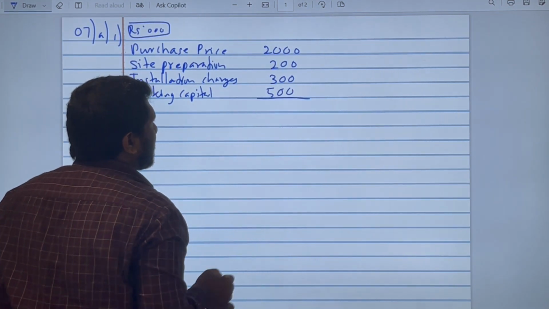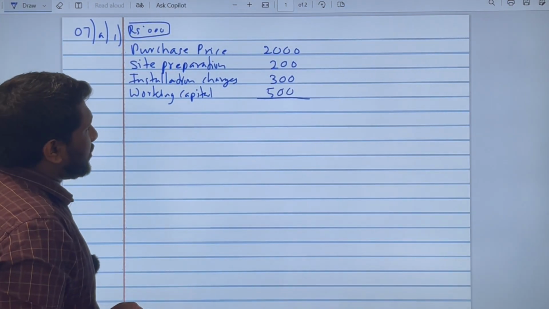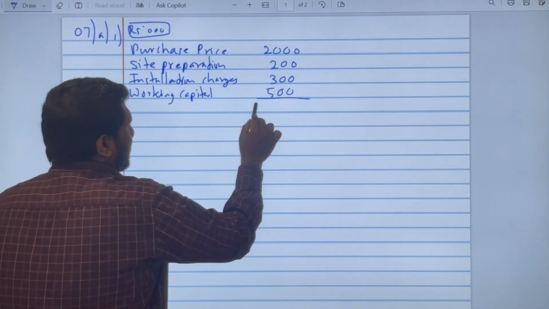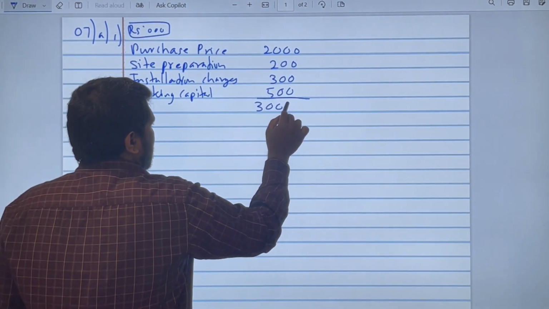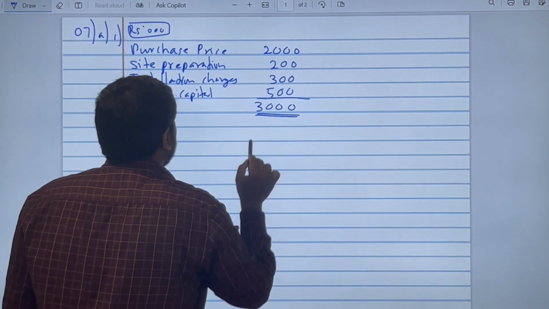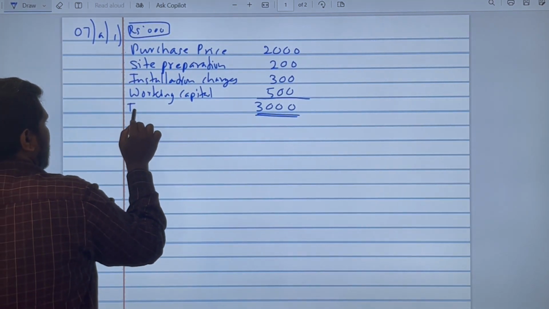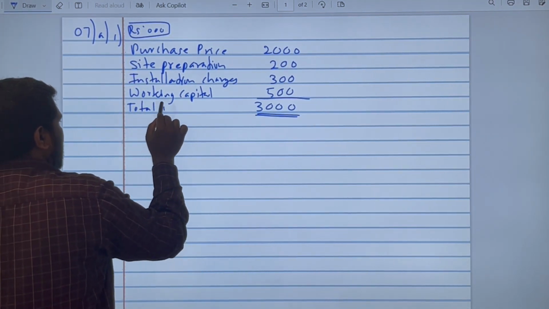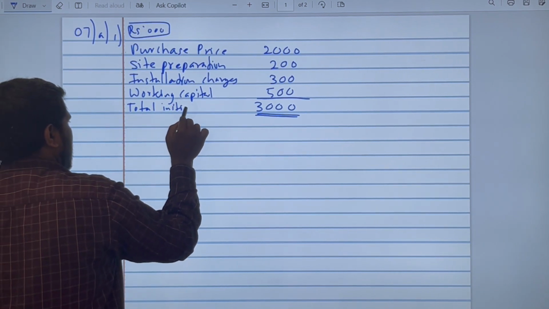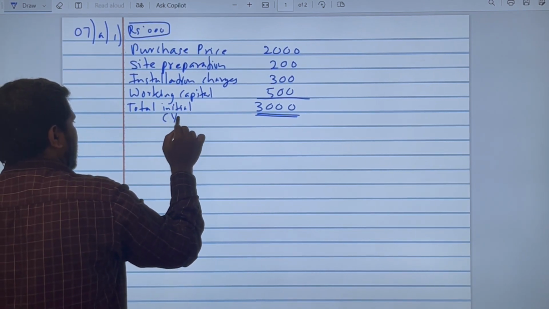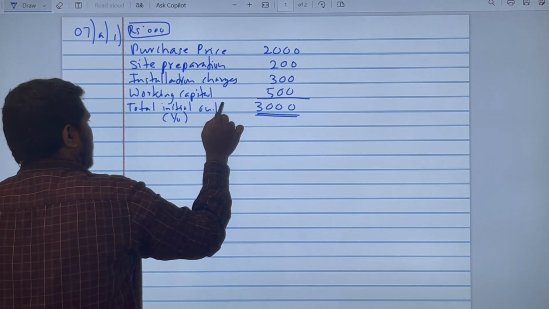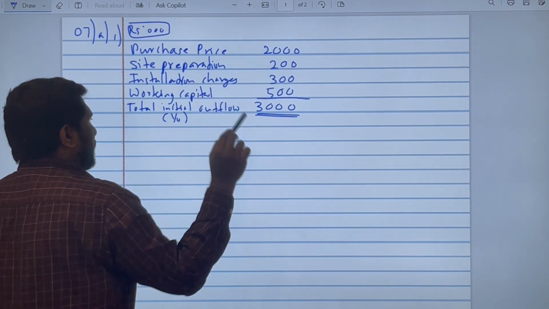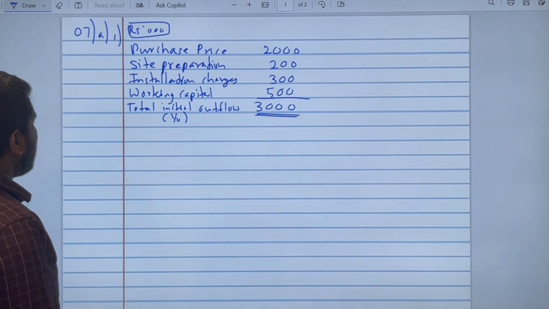Then what's the total amount for year 0? 2,200, 2,500 and 3,000. So 3,000 is the total initial, meaning year 0, outflow. So we are done with the first part.